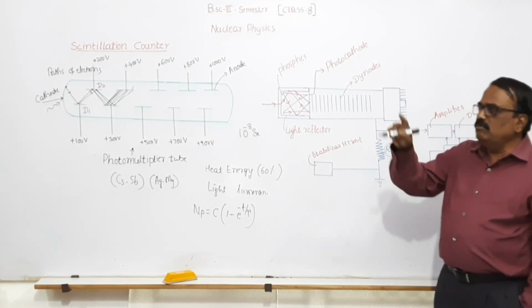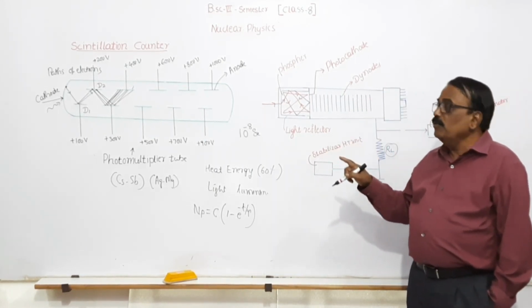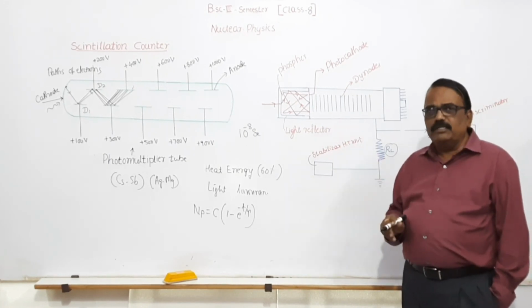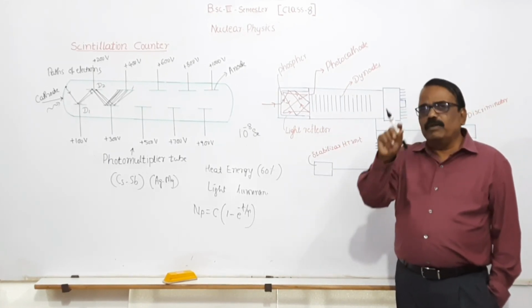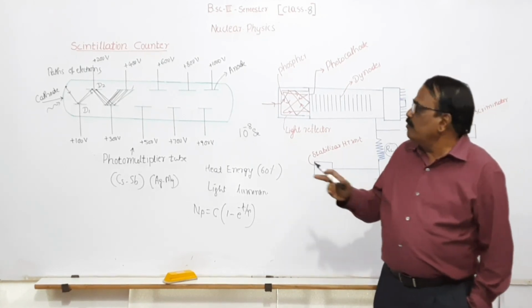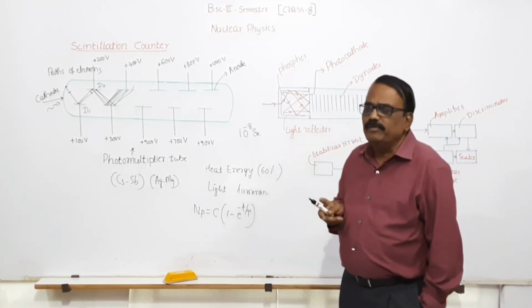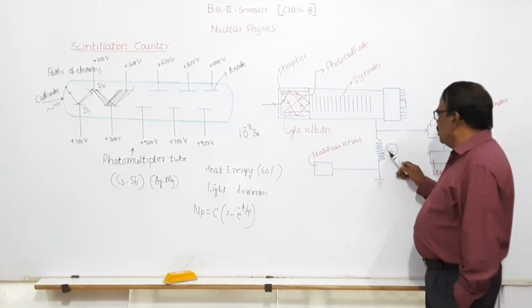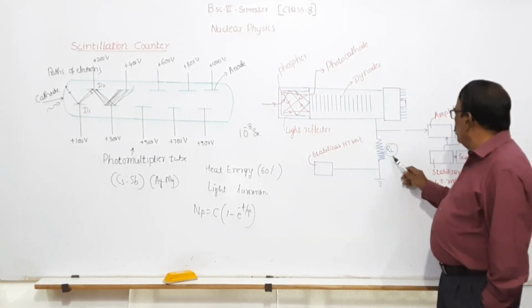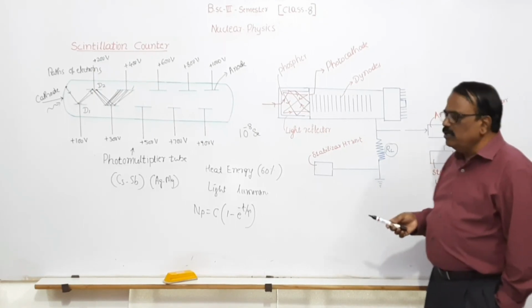So for one maximum voltage pulse, one charged particle has entered, and a flash of light is observed. After this, if a second one enters, the similar phenomenon takes place. Again another pulse appears across this load RL, recorded by this electronic circuit.